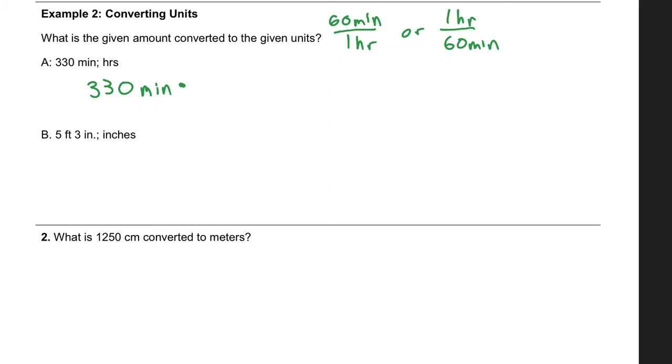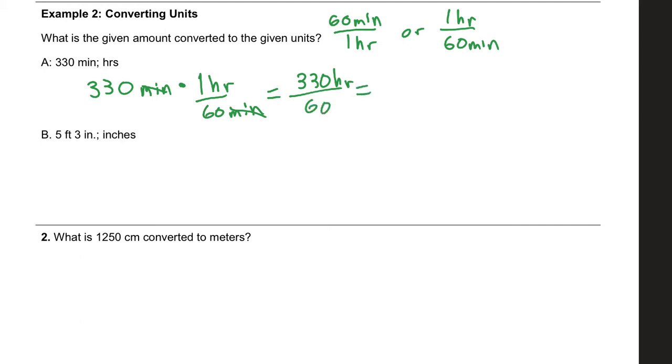So essentially I'm asking myself, to convert minutes to hours, do I multiply or divide by 60? So to convert minutes to hours, I'm going to divide by 60, which means I'm going to use this conversion factor. And kind of what I'm thinking about is I'm going to eliminate the units of minutes to convert them to hours. So I'm going to divide out the minutes here to eliminate that. This becomes 330 hours divided by 60.